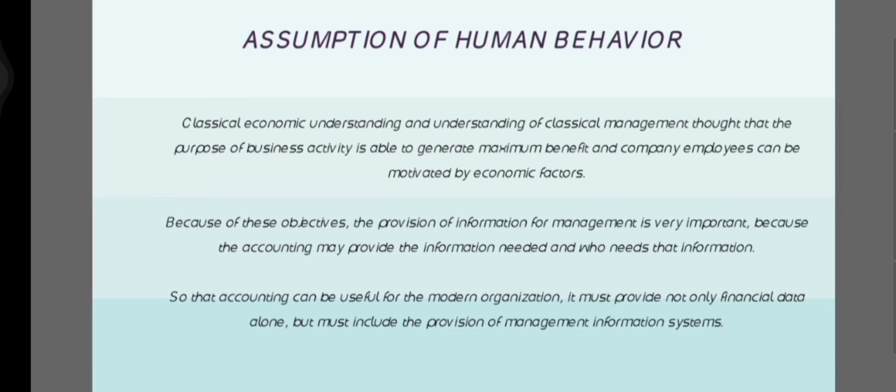So this implies that for an accounting system to be useful to a modern business organization, it must report more than just financial data. It must be an inclusive management information system. The accountant who designs the system must be aware of the complex nature of organizational goals and the social, psychological, and economic factors that affect human behavior.